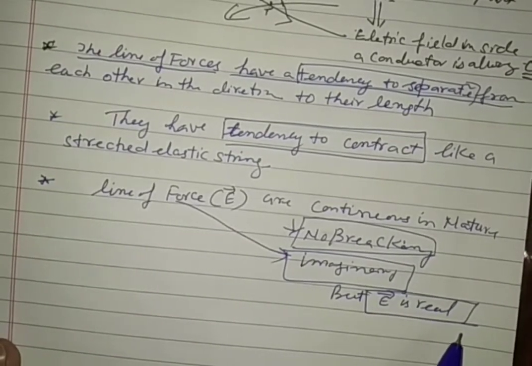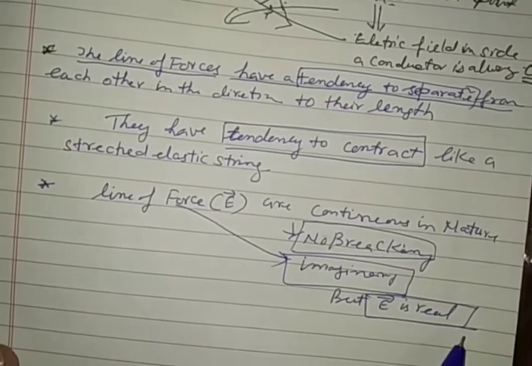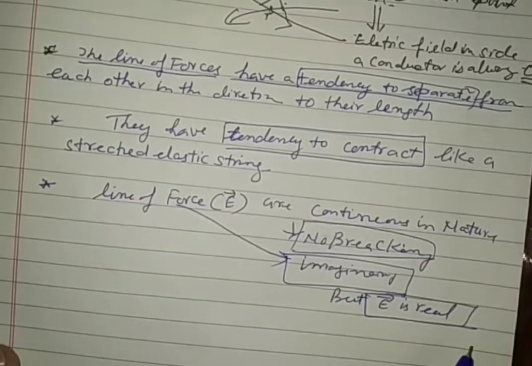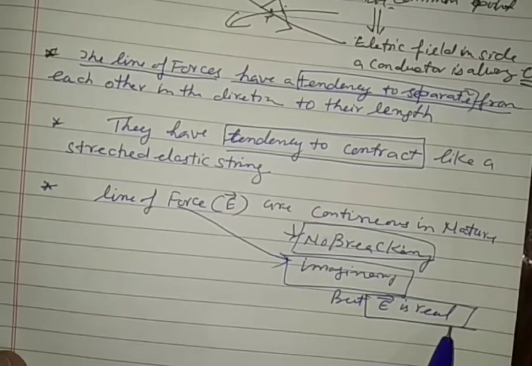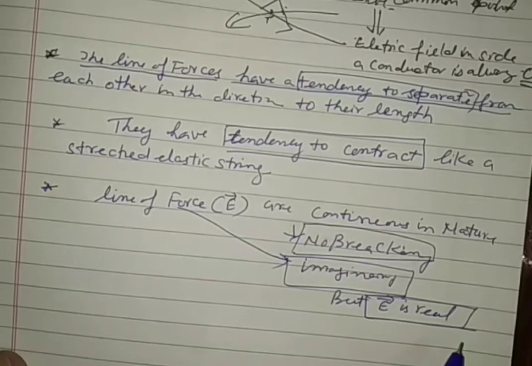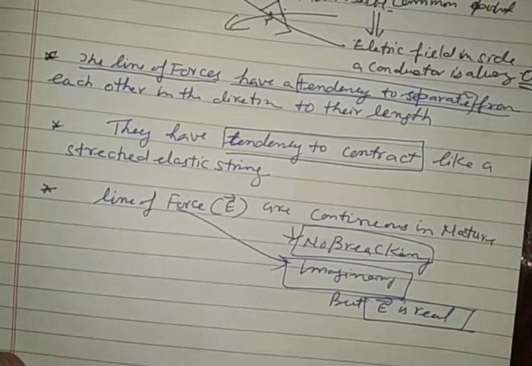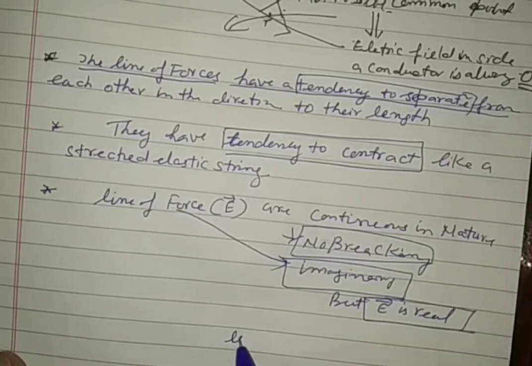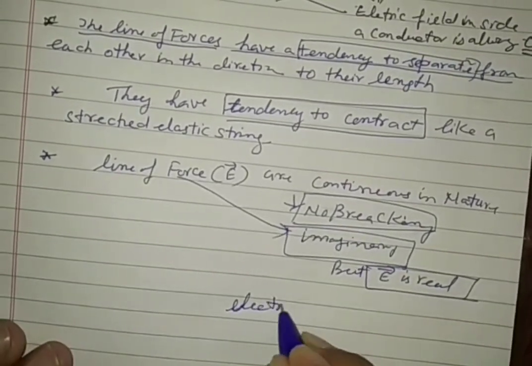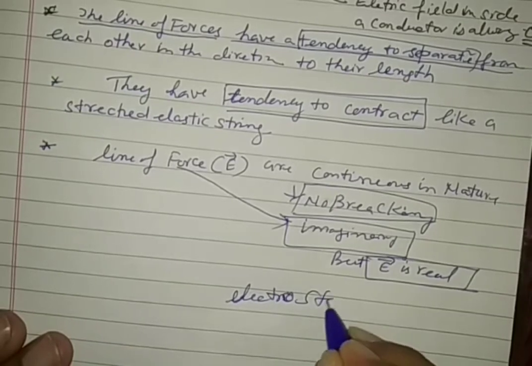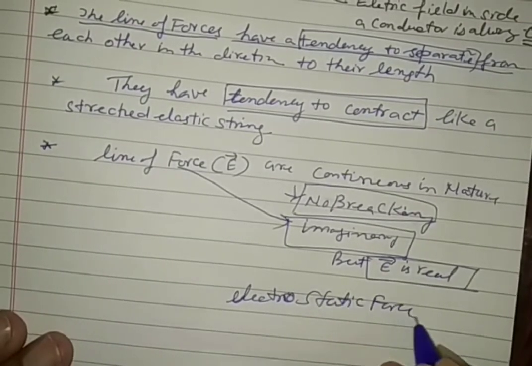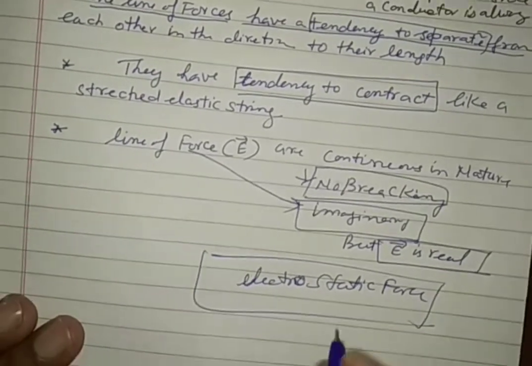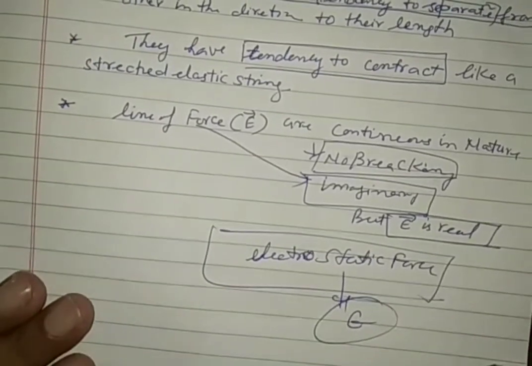So you cannot see the line of forces, but you can feel the line of forces. I cannot feel, but a test charge can feel, or any charged body can feel, and experiences electrostatic force on keeping in an electric field.